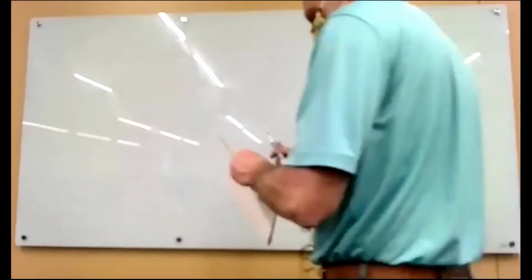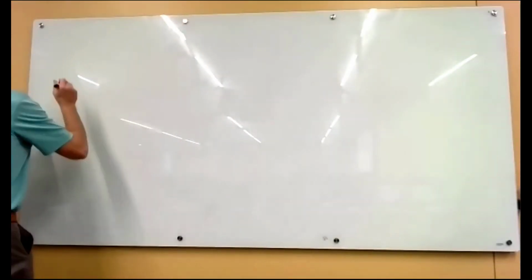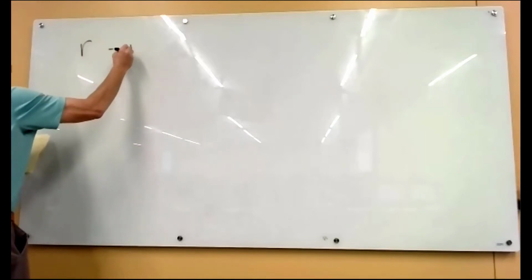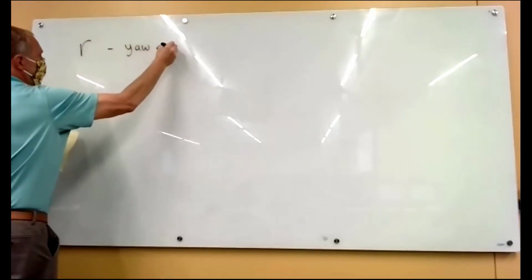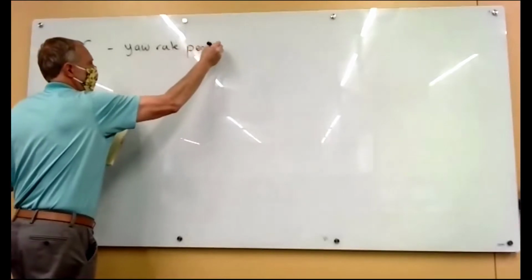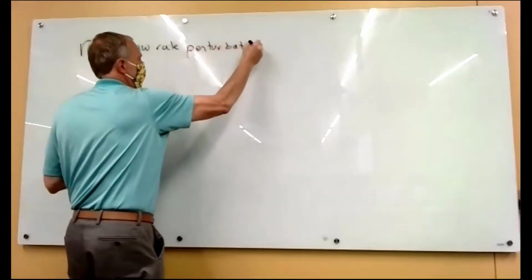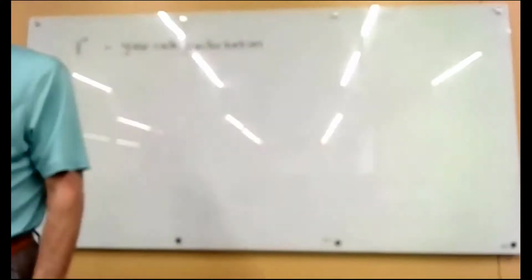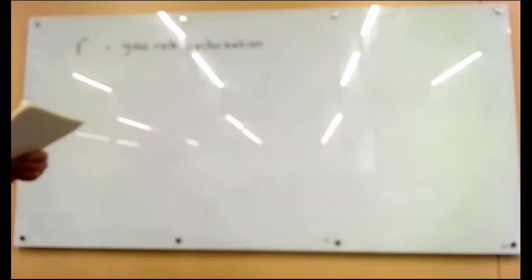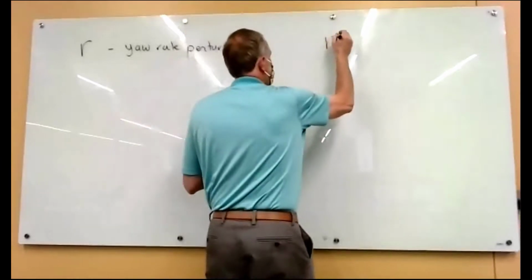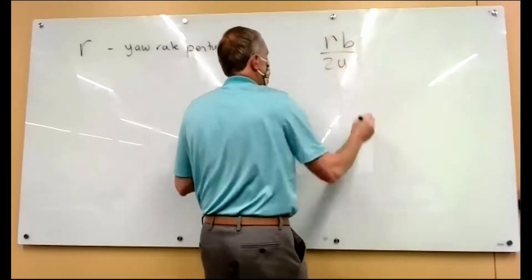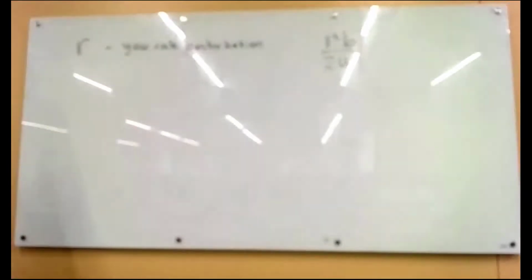Okay, continuing on with the lateral directional forces and moments, we're down to the small perturbation yaw rate. And the non-dimensional version of this is just like we did with P. It's RB over 2U1.